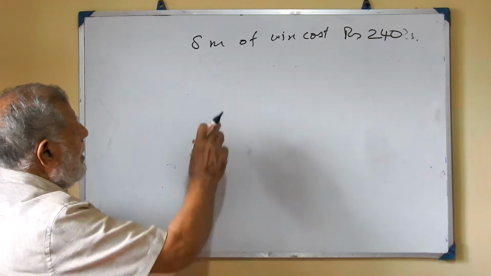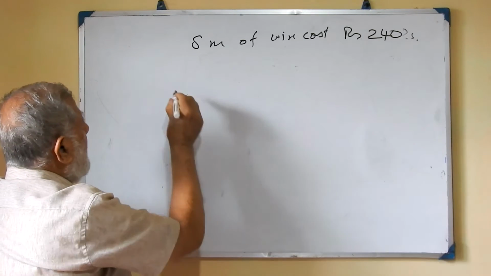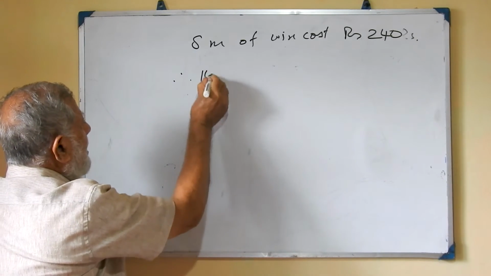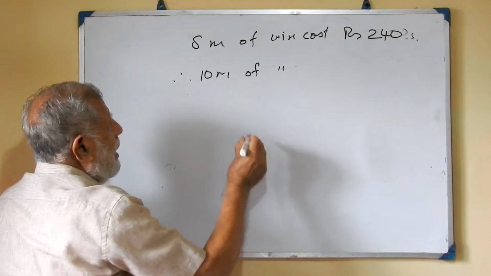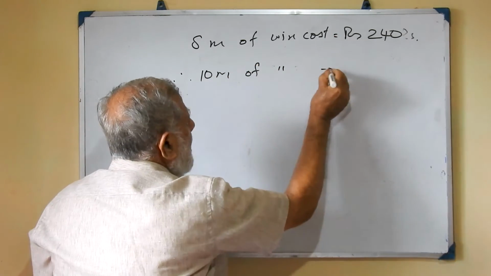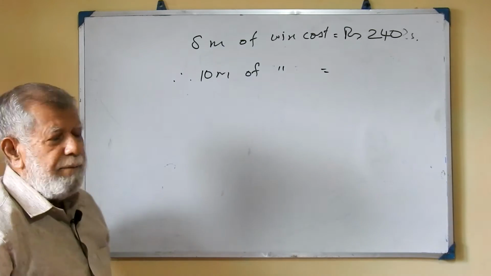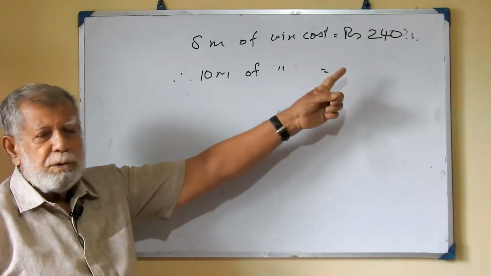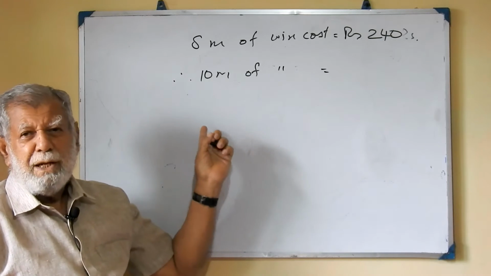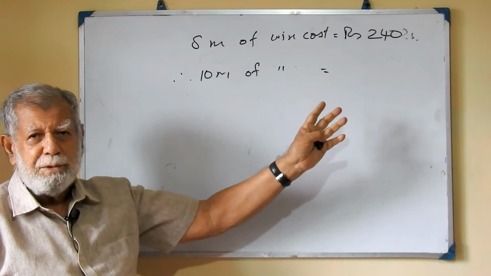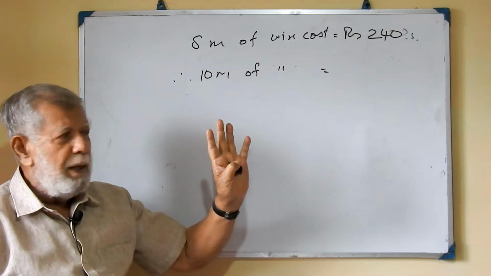Now 8 meters of wire cost 240, therefore 10 meters of wire cost equals, now look at this one. Earlier we found out 8 meters cost 240, then 1 meter costs 30, and for 10 meters, 30 into 10, 300. That is called the unitary method, the first one.